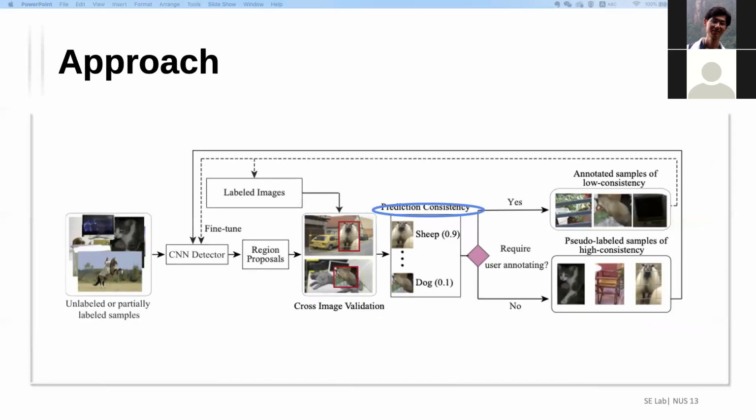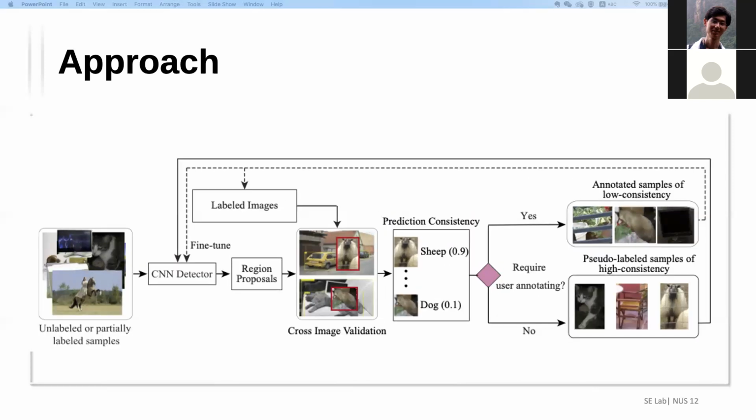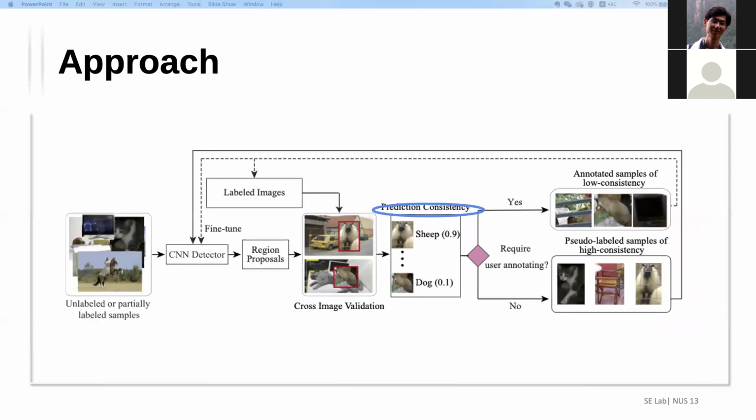So first, let's see how it defines. But the problem is that high consistency includes both the regressed box size and the predicted label, right? Is it necessary to do this job because the model has already been very confident?